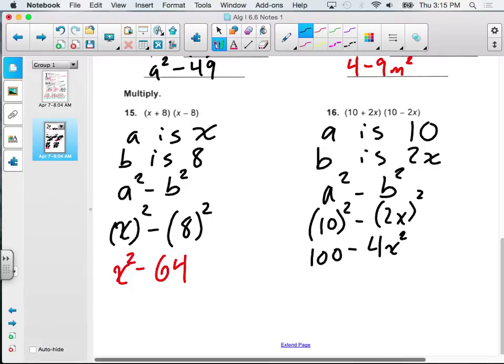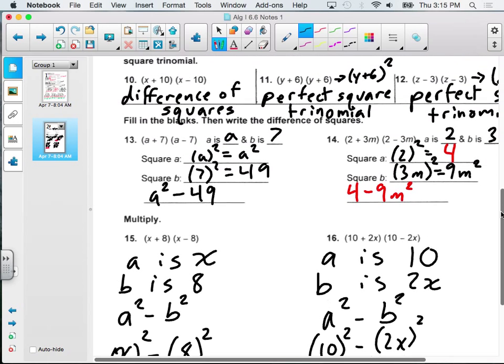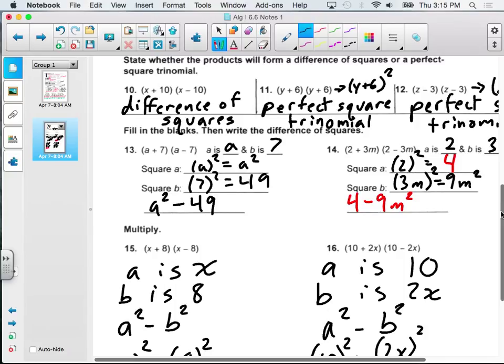Then, on these ones, as long as we have the same first term and the same second term, and the only difference is addition and subtraction, what is our answer going to be? Difference of squares, that's right.